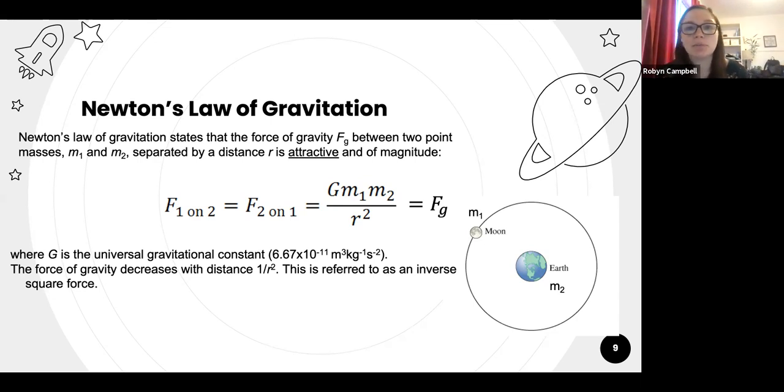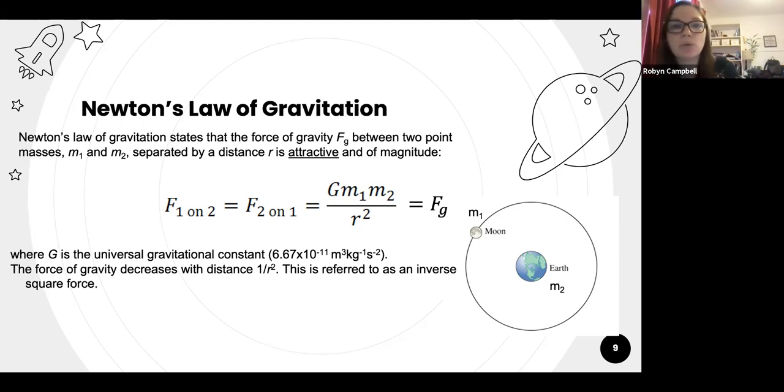Then we multiply that by the mass of one object times the mass of the other object, divided by the radius squared. This is a good exercise: if you take one of the masses to be the mass of Earth, multiply it by capital G, and divide by the radius of Earth squared, you actually get lowercase g. That's where the 9.8 comes from.